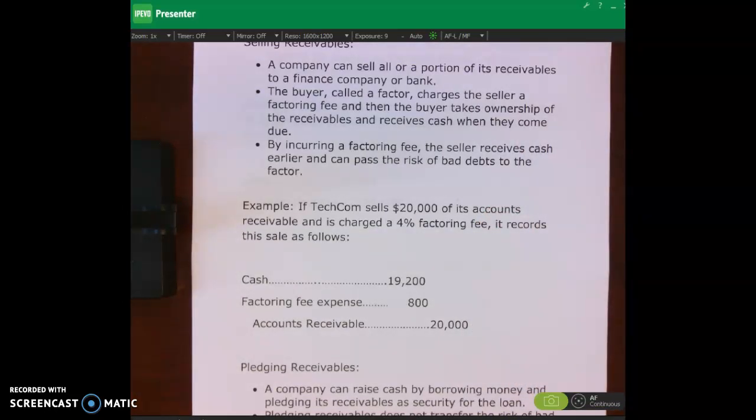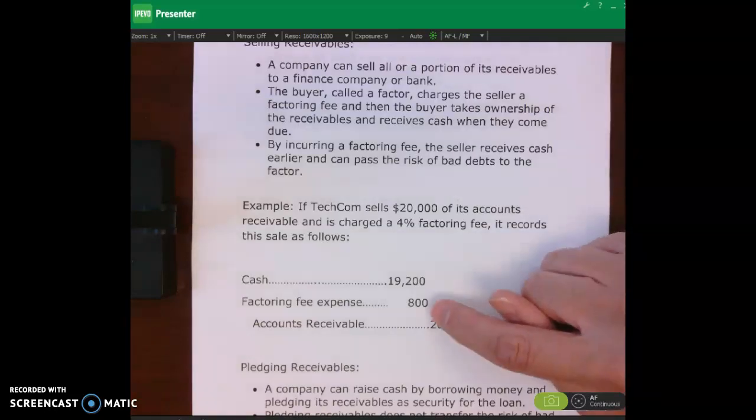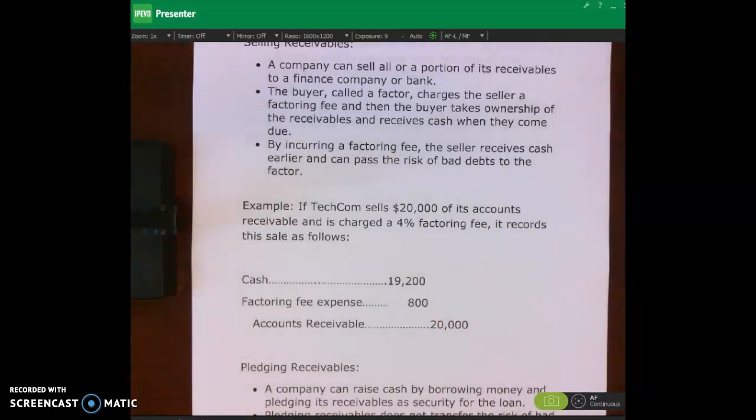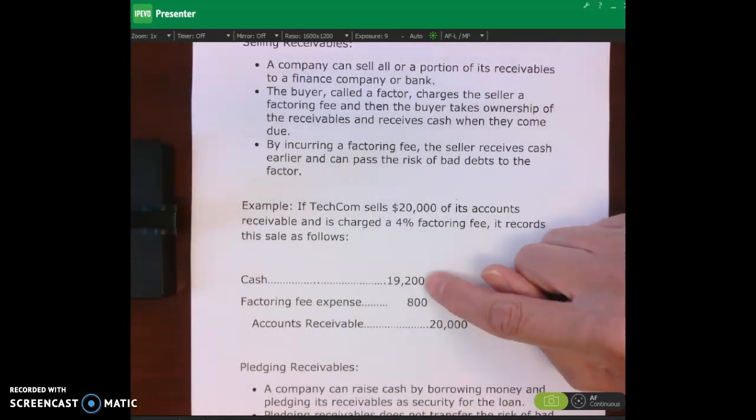And again, why would a company want to do this? Well, they may need cash quickly. They also may not want to deal with the hassle of collecting on the receivables, so they outsource it to another company. But you have to pay for that, right? So that's that factoring fee expense. And so you're not going to get all your receivables that you sell in cash.